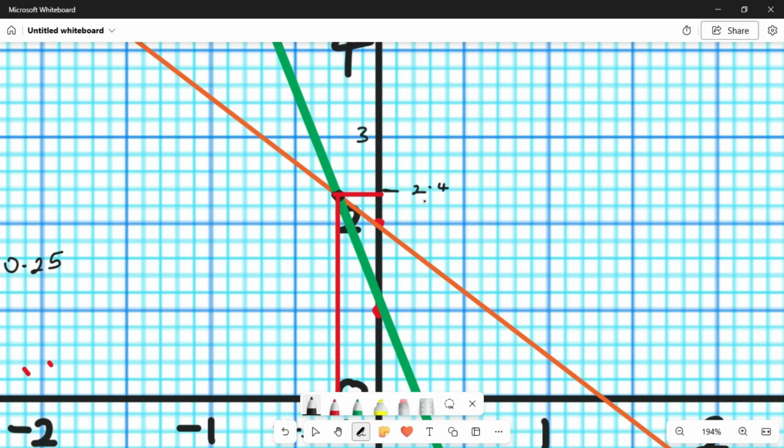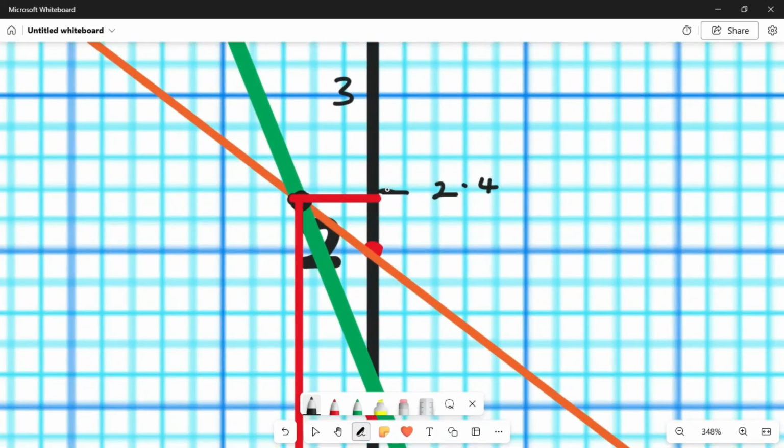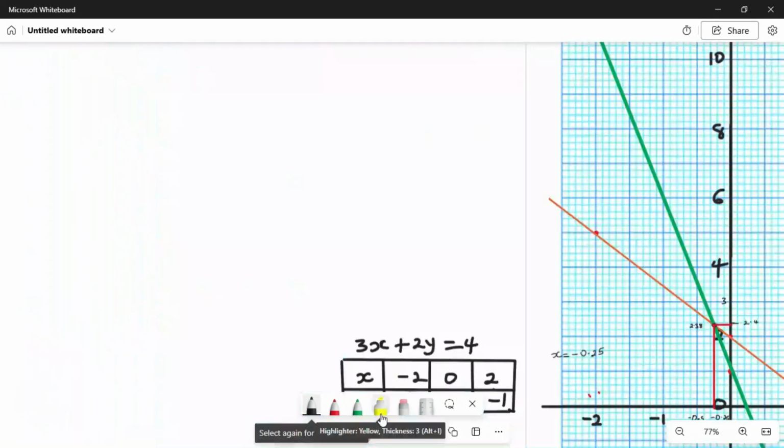It's not up to 2.4. If we zoom in, we can see that this red line is not on 2.4. So we can just approximate. Let's say our value is 2.38. So y equals 2.38.